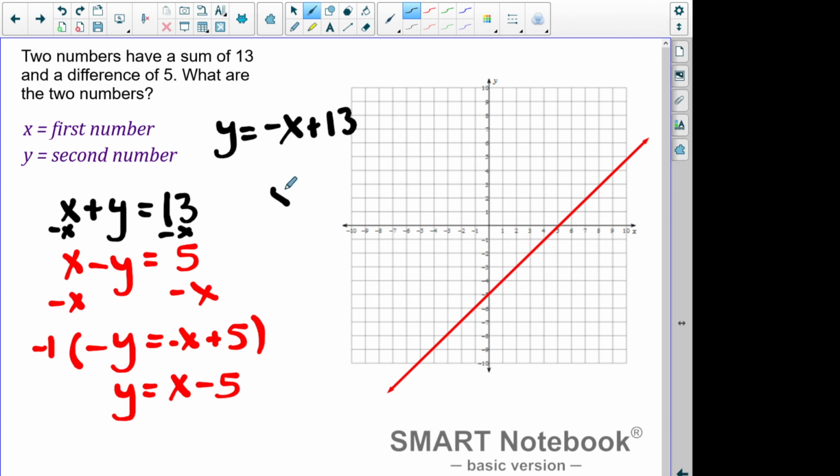Let's say that x is 4. If my x value was 4, I'd have negative 4 plus 13. That would be my y value is 9. So I have my point there, 4, 9. Let me graph this.